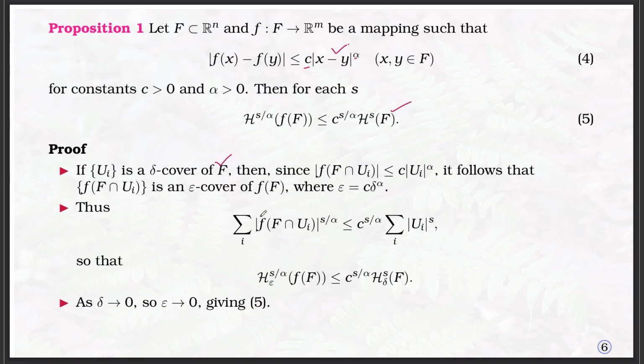Thus, you can take the sum of the diameters of f of F intersection ui under the image, power s over alpha, which is less than or equal to c power s by alpha times this quantity. So taking the infimum, we can get this inequality. If delta tends to 0 and epsilon tends to 0, it gives inequality 5.